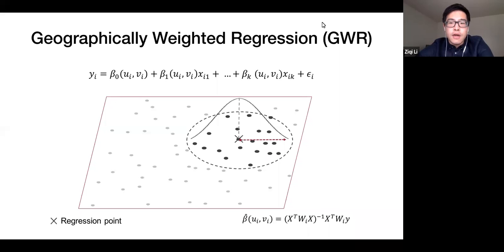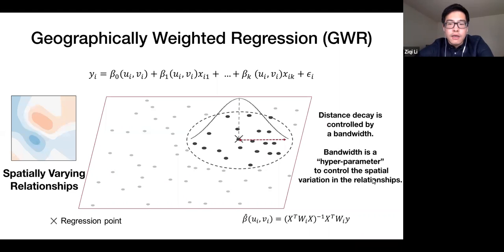So GWR has been widely used in many domains, and it's a local modeling technique compared with a global modeling technique, such as the linear regression model. GWR calibrates a local regression model at each location by borrowing data from nearby, while also applying a distance decay function.